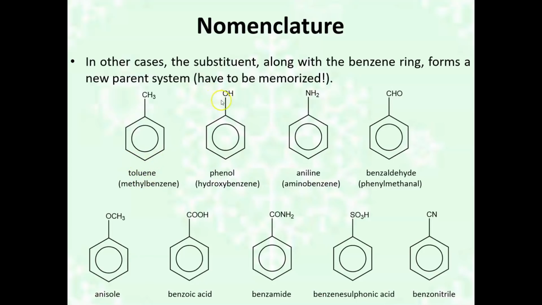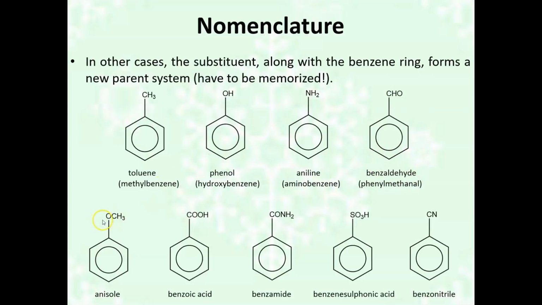The next substituent is OH, and attached to the benzene ring it is named phenol. Then we have NH2 attached here, so it's called aniline. And then we have the aldehyde group CHO attached to the benzene ring, so it's called benzaldehyde.